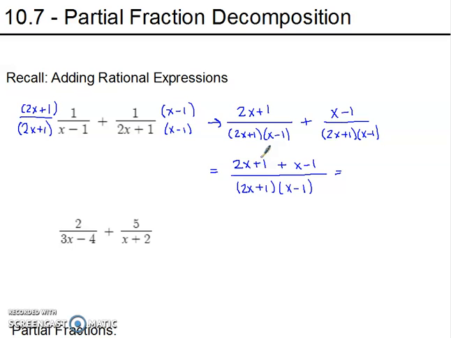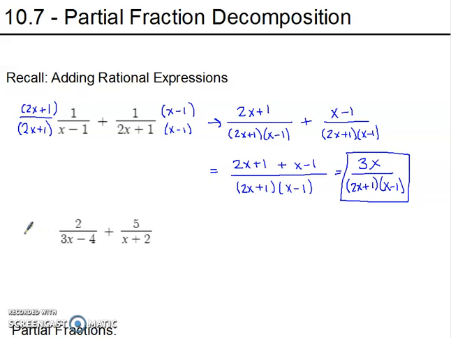And then simplifying the numerator, 2x plus x is 3x, and positive 1 and negative 1 add to 0, so I just have 3x over my LCD of 2x plus 1 times x minus 1. And this would be my sum of the two original rational expressions. We could multiply out the denominator to simplify completely, but I'm going to go ahead and leave it in this form. So if you haven't already completed your second example, go ahead and pause the video and do that now.